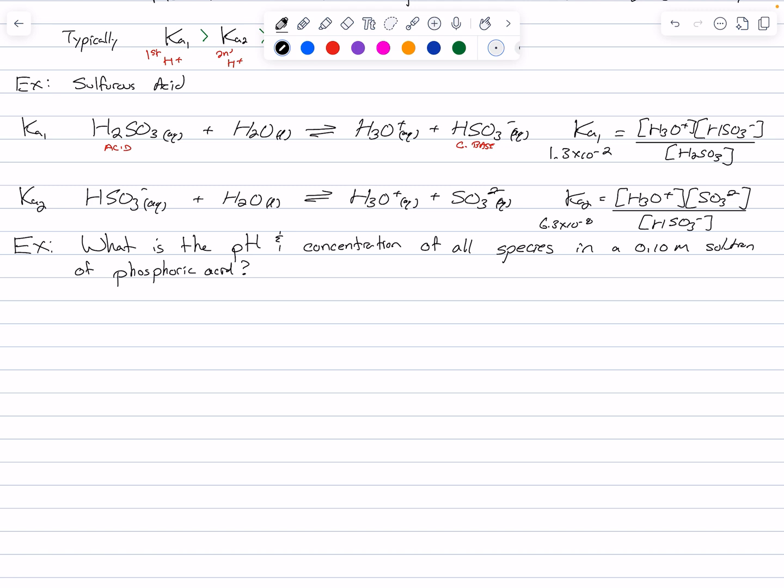First of all, what is phosphoric acid? It comes from phosphate, so it has H3PO4, and it's going to have 3 Ka values. Ka1 is 6.3 times 10 to the negative 3rd. Ka2 is 6.3 times 10 to the negative 8. And Ka3 is 5.0 times 10 to the negative 13th.